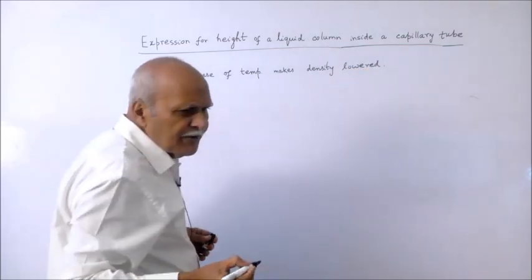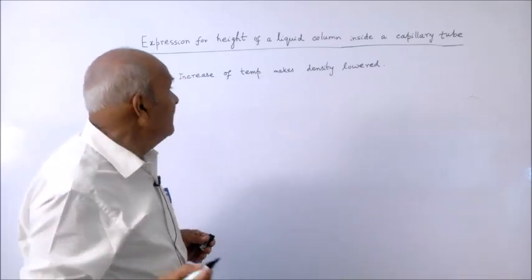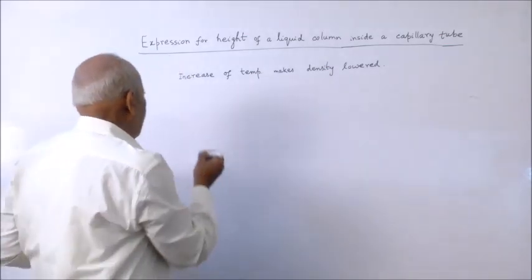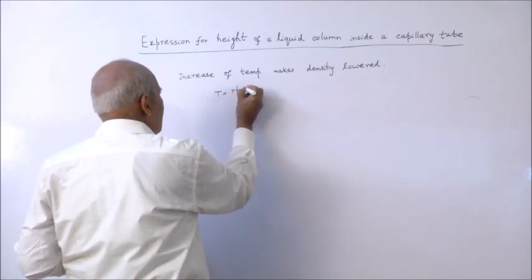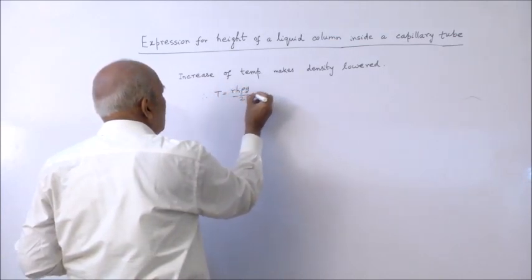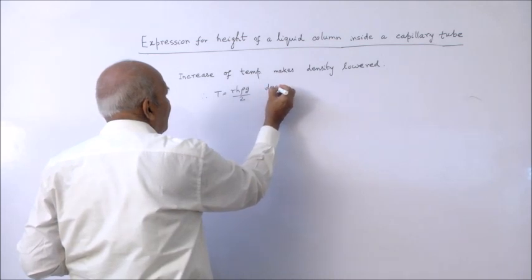With increase of temperature, volume increases, mass remaining same. So, density decreases. So, T, that is r h rho g by 2, decreases.